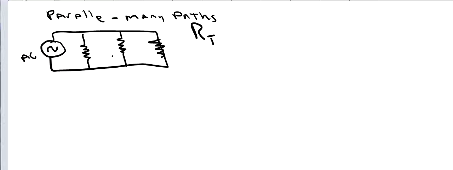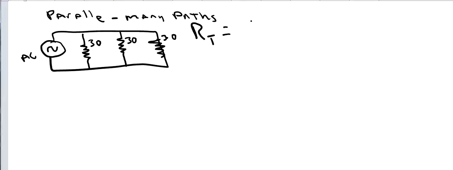What's unique about a parallel circuit is that if all the loads are the same resistance value, then you could use a very simple formula to determine the total resistance. And this only works when the resistors are the same value. So in this example, we'll use 30 ohms as each resistance value.